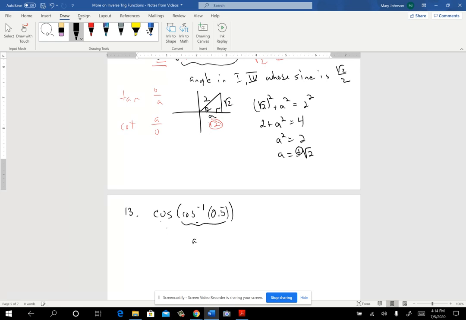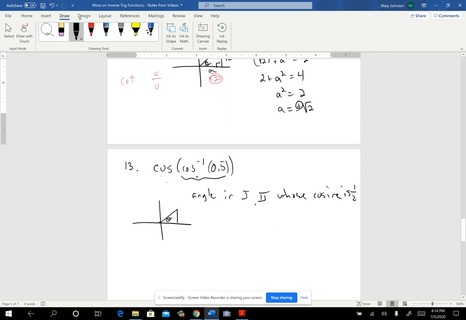So this is the angle in the first or second quadrant whose cosine is 0.5. Okay, so when you're thinking about that, you know you're in the first quadrant because it's a positive number. Okay, so you're here in the first quadrant. This is the angle we're talking about. Okay, and we can write that as a 1/2 and do a sketch like we did before. Right, so we can do a sketch like we did before and think about cosine would be adjacent over hypotenuse.